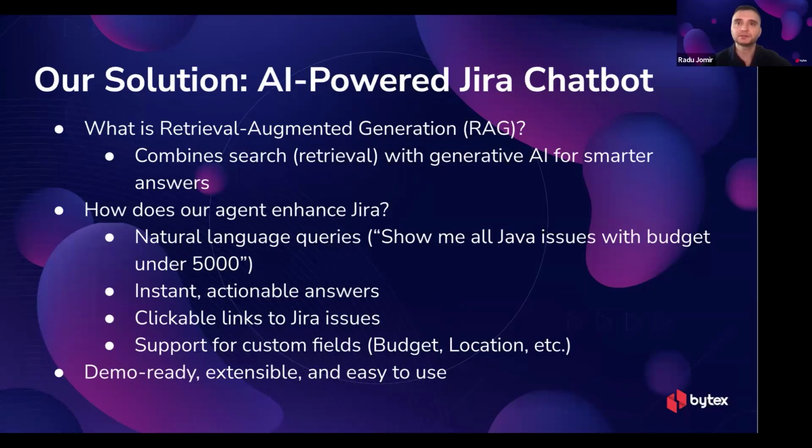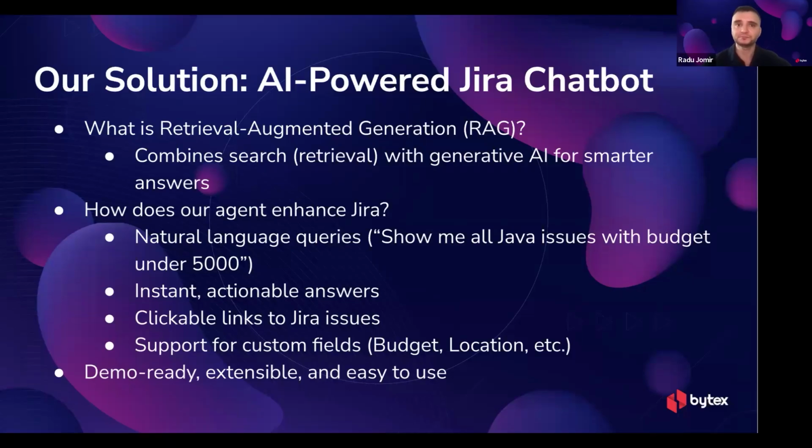What that means is instead of just generating answers from general knowledge, our system first retrieves the relevant data from your Jira instance. Then it uses AI to generate a smart, contextual response. The key benefits are pretty exciting. Users can ask questions in natural language, like show me all Java issues with a budget under 5,000, and they can get instant, accurate answers.